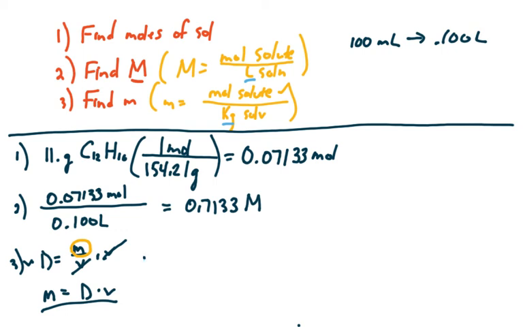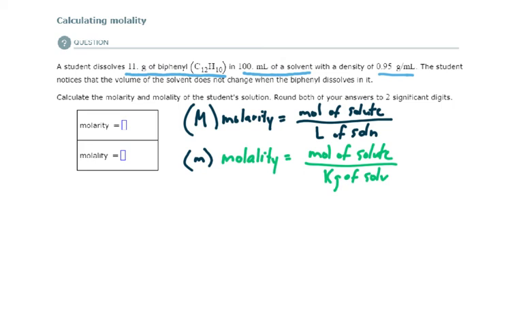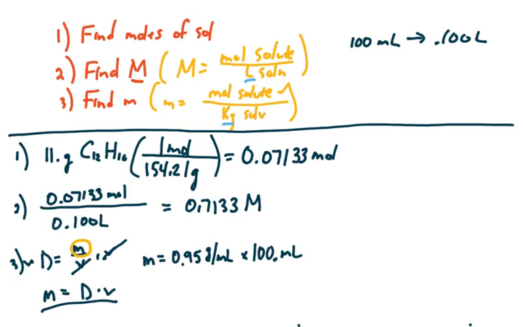Okay, so this is the formula we're going to use. So the mass of the solvent is equal to the density of the solvent, which is 0.95 grams per milliliter, times the volume of the solvent. And the volume of the solvent, it needs to be in milliliters, is 100 milliliters, and to this degree of precision.